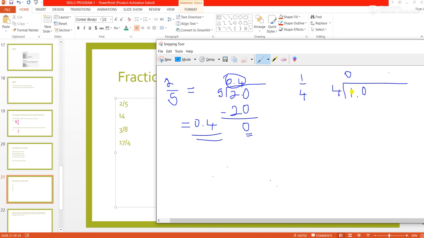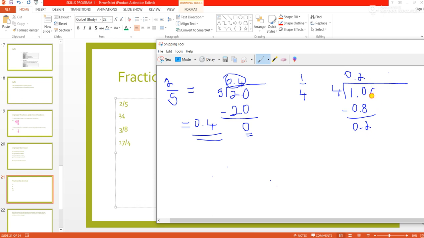So how many times does 4 get into 10? It gets into 2 times, and 2 times 4 is 8. So we'll include 0.8. There's a minus. 10 minus 8, you get a 2.